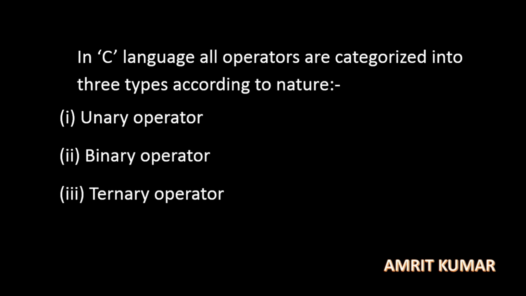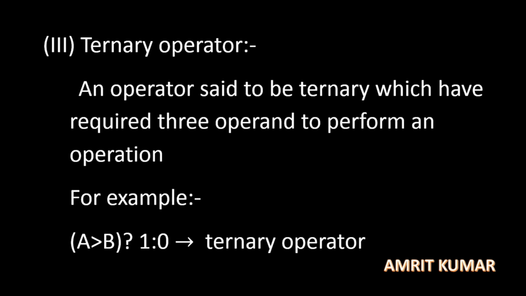Let's look at the ternary operator with an example. An operator is said to be ternary if it requires three operands to perform an operation. Let's look at the example to clarify these things.